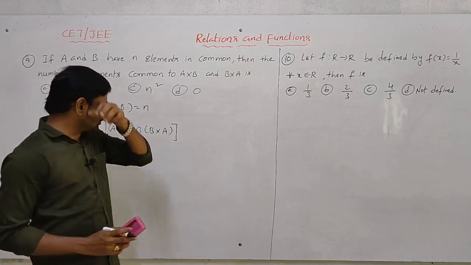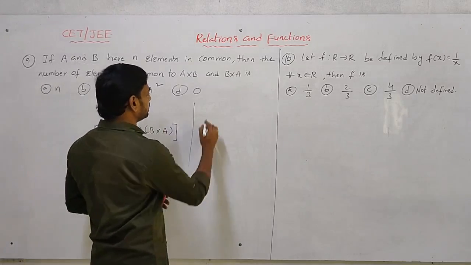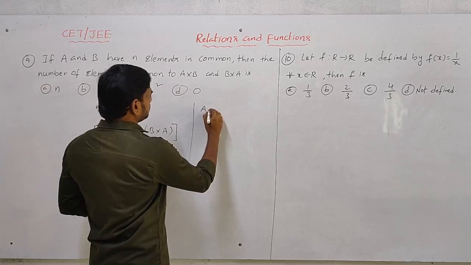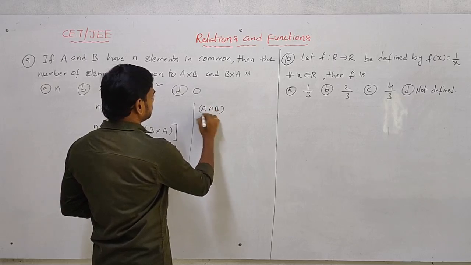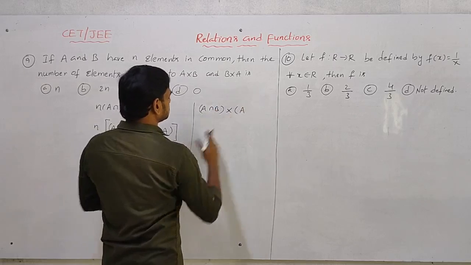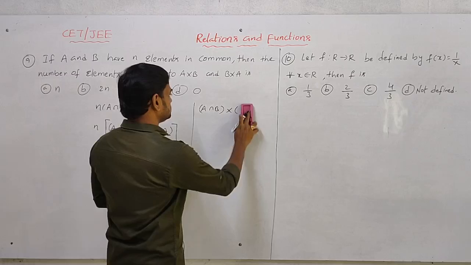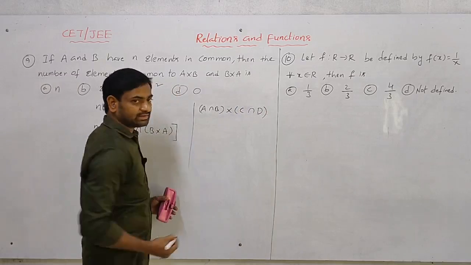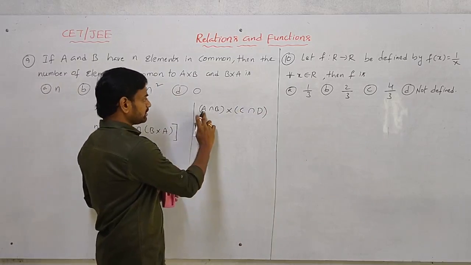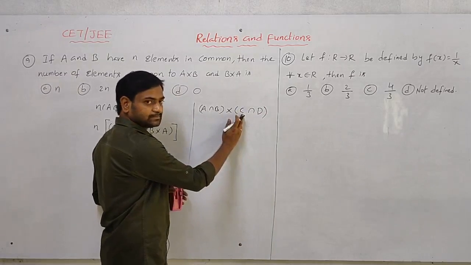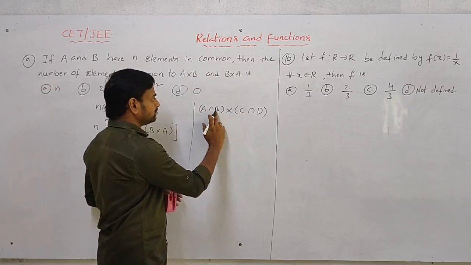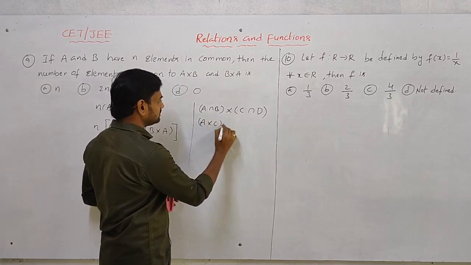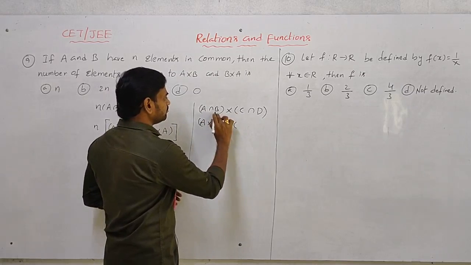Now see here, we have one formula. Suppose (A intersection B) cross (C intersection D) is there. How can we write this? It is (A cross C) intersection (B cross D).